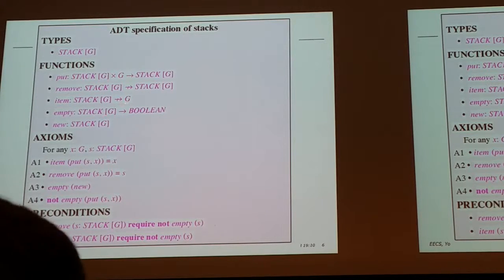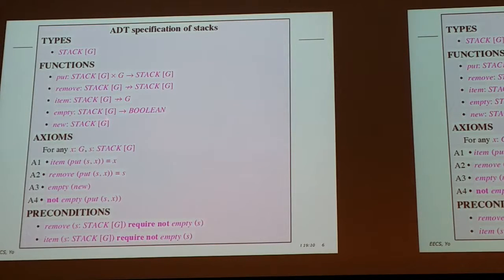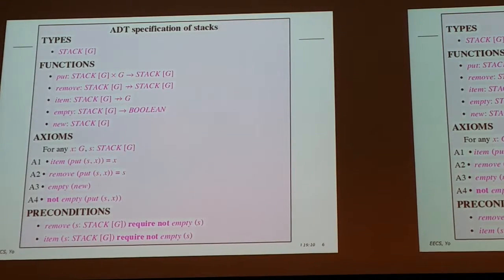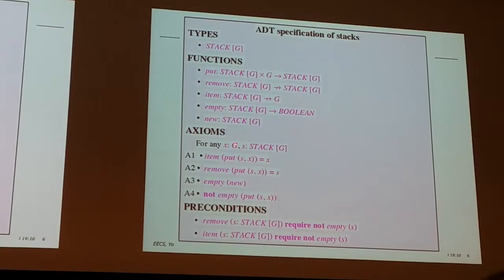Similarly for item. Also, given the stack, you can check to see if the stack is empty. So for example, if you have a new stack and you apply the empty function, and for any stack S, if we look at the top of the stack after we push X, it will be just the X we just pushed.